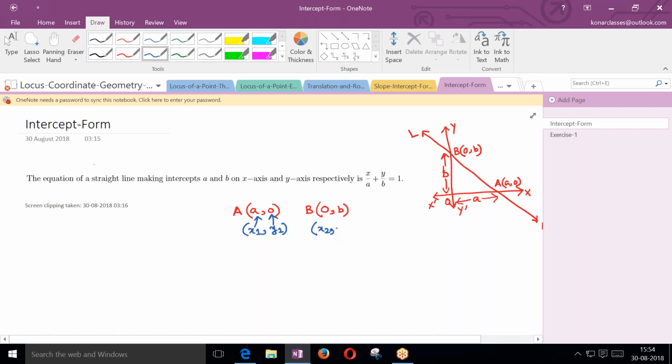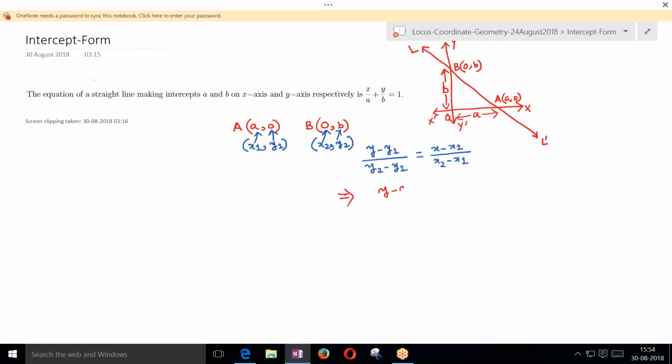Now what is the equation from our understanding? It is (y minus y1) divided by (y2 minus y1) is equal to (x minus x1) divided by (x2 minus x1). Now we can apply this. y1 is 0, divided by y2 minus y1, y2 is b minus 0, because y1 is 0.